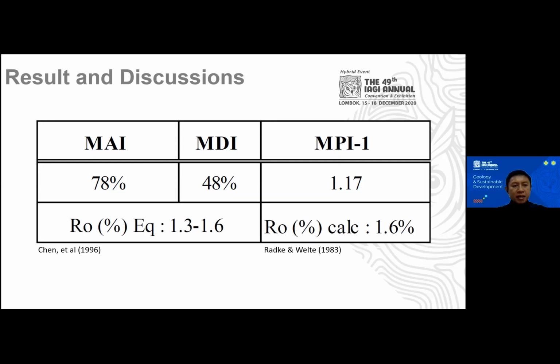The methyl adamantane index and methyl diamantane index are equivalent to vitrinite reflectance values between 1.3% and 1.6%. Meanwhile, the calculated vitrinite reflectance value using the methylphenanthrene index by the formula of Radke and Welte is 1.6%. Therefore, based on diamondoid ratio and aromatic biomarker, both agree that the condensate is in an overmature stage.